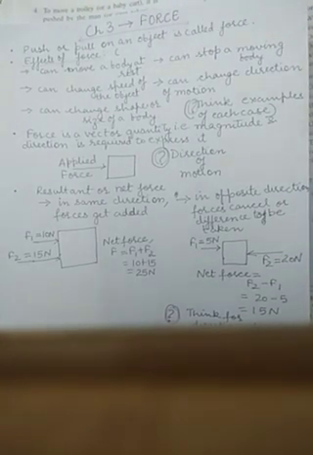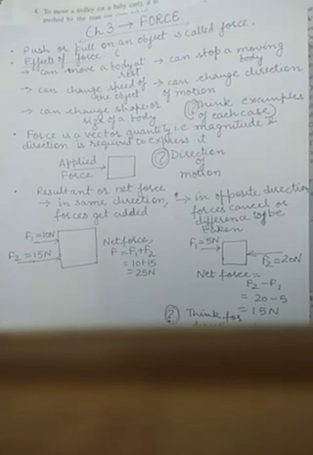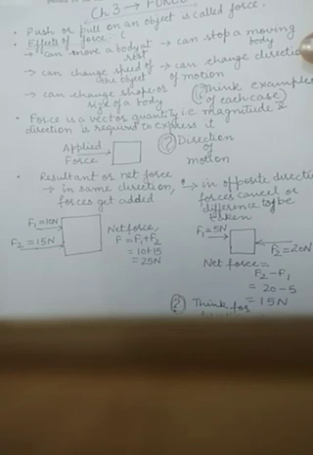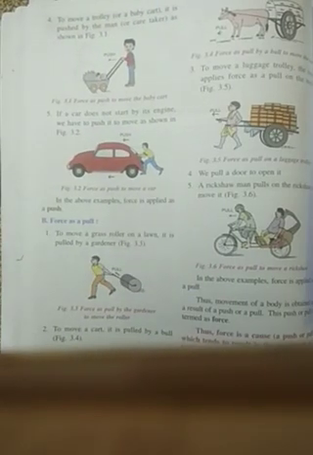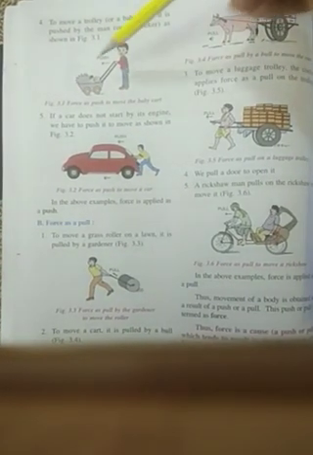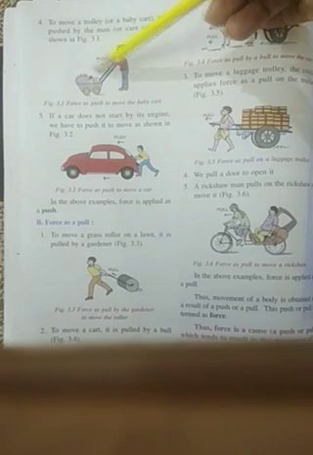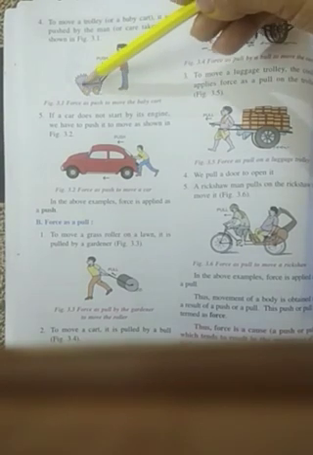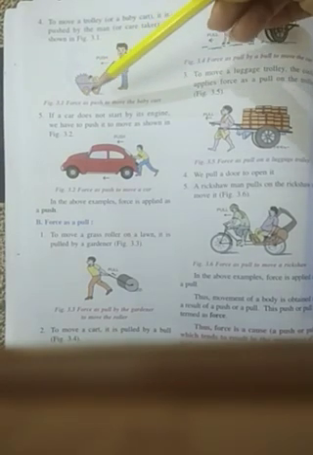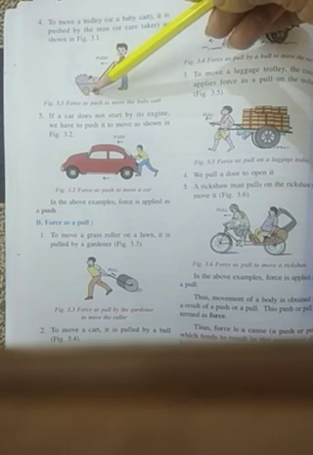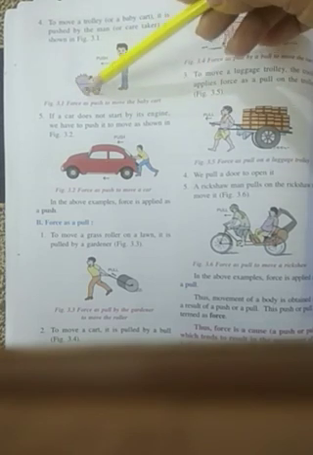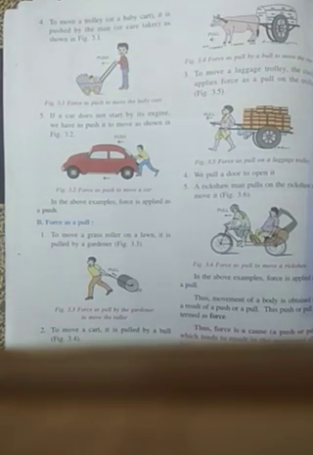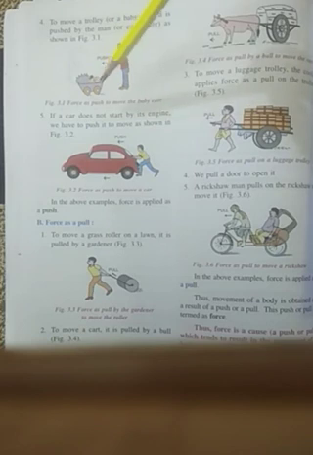Now whenever the force is applied, something happens to the object. Now let us see what has happened in the following cases. When this child has applied the force on this wagon, he has pushed the wagon, what has happened? The wagon has started moving. Its state got changed. State means it was at rest earlier, but now it has started moving.